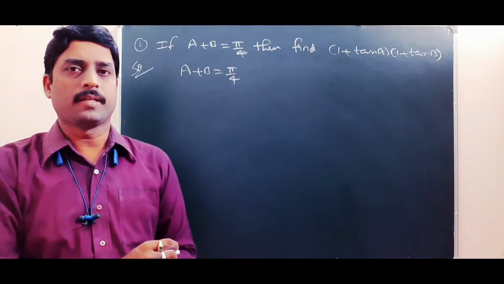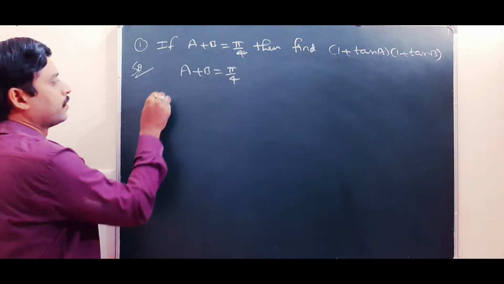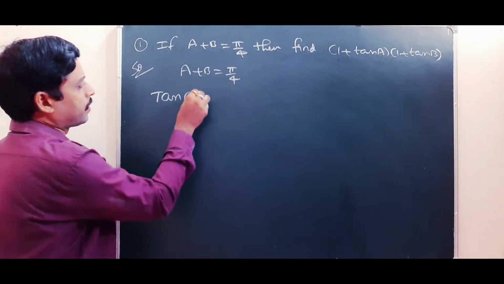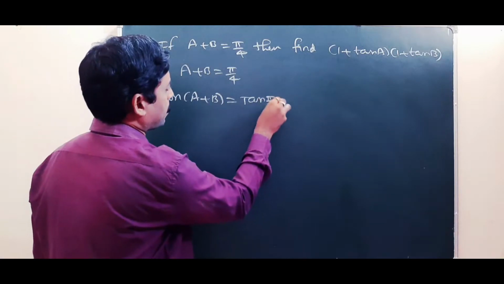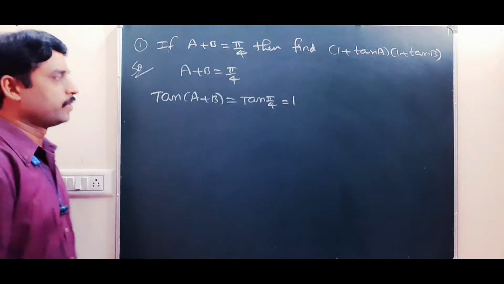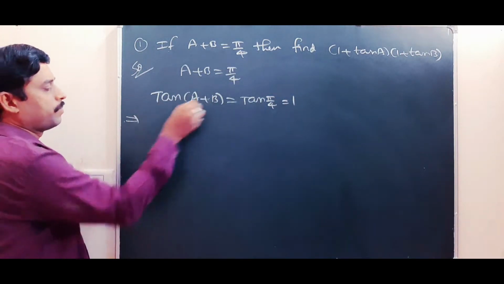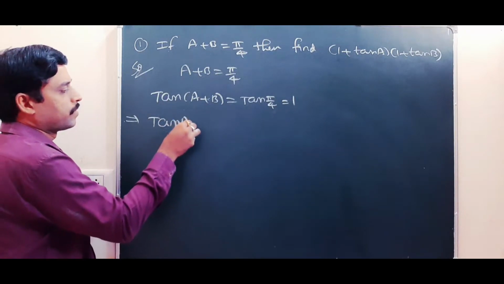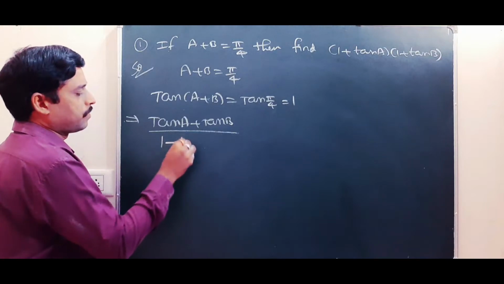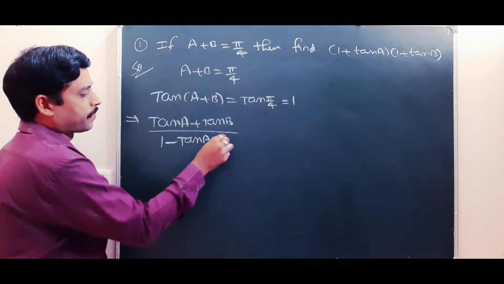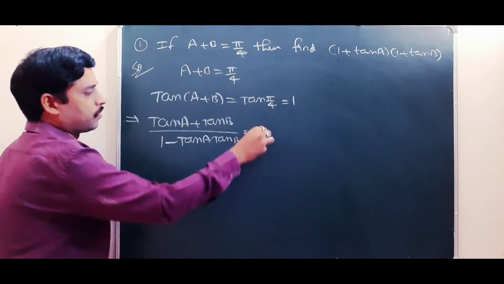Okay, now taking tangent on both sides. So tan of a plus b equal to tan pi by 4. Tan 45 value is 1. Okay. We have the tan a plus b formula, tan a plus tan b by 1 minus tan a into tan b equal to 1.